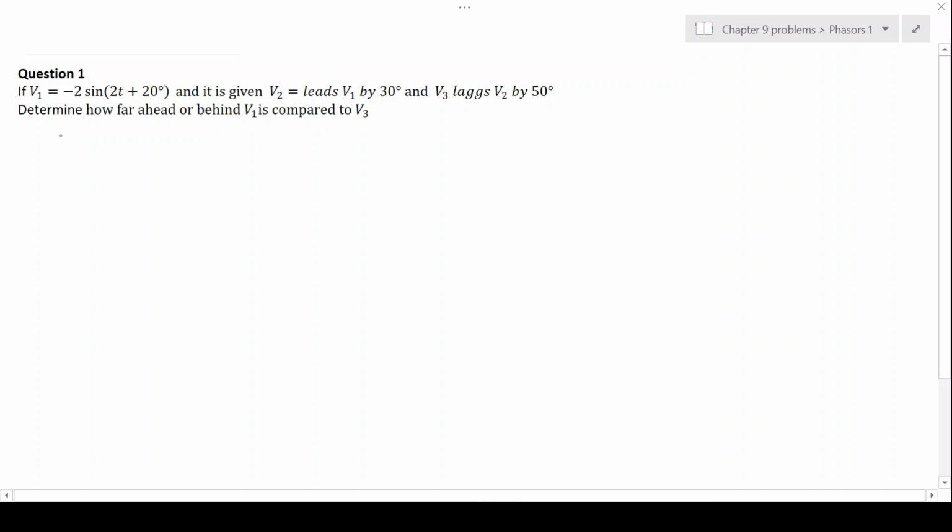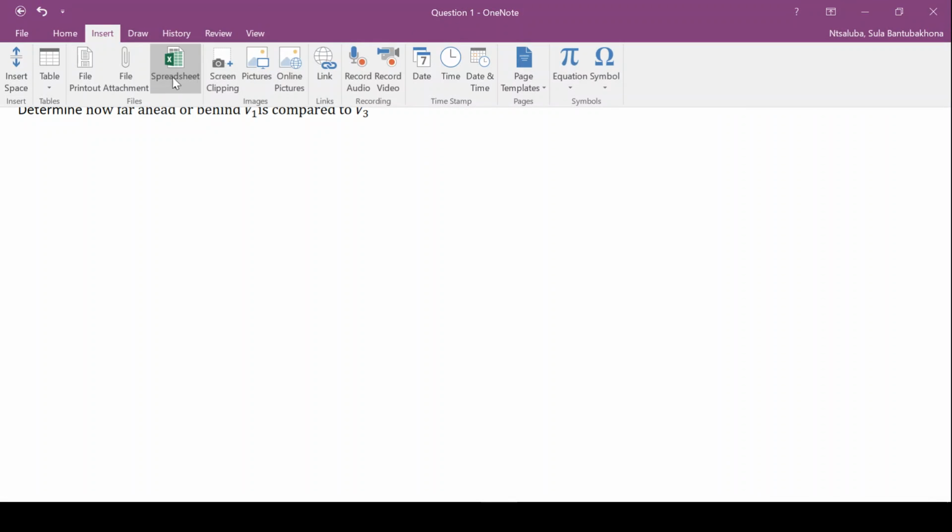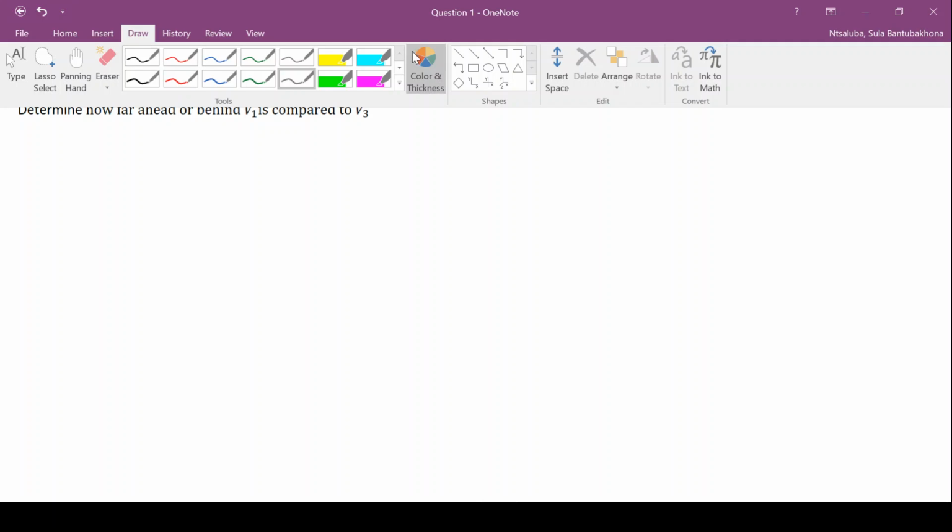So the first step that we should follow is to get the reference signal that's been given in terms of your positive cos signal. So you'll remember the diagram that we work with, such that you have a positive cos representation, looks as follows.